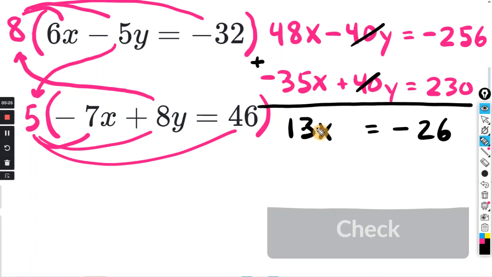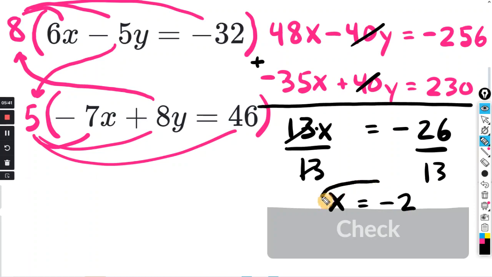Solving for x, this is 13 times x. The opposite of times 13 is divided by 13. You want to do that to both sides. 13 over 13 cancels, and x equals negative 2. So we have one variable. You want to take that and plug it in.